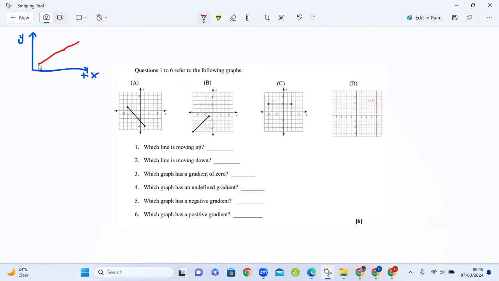This line shows you that the y value is going up, because as you can see, although it is diagonal, it's going upwards. Okay? So the line that is going up is B.